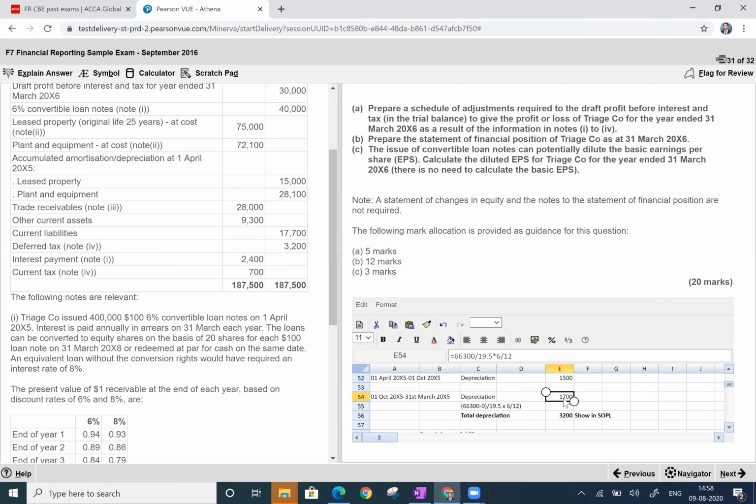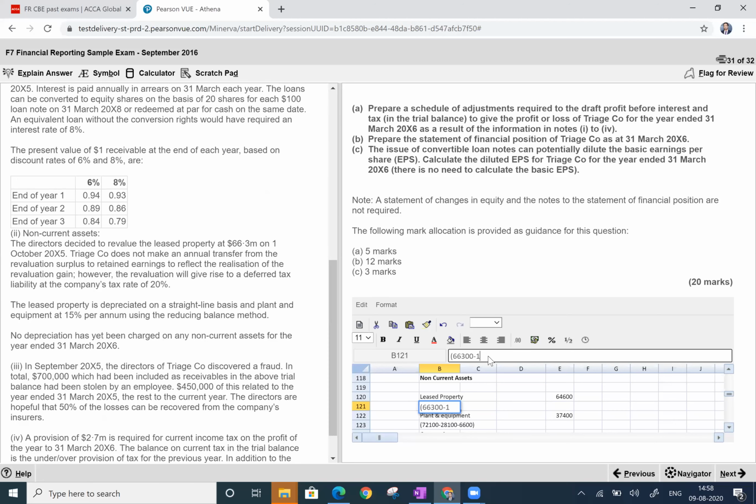So it is E54, minus E54. So 66,300 was on 1st October, then minus 1,700, 6 months depreciation, because we are finding out on 31st March 20x6.